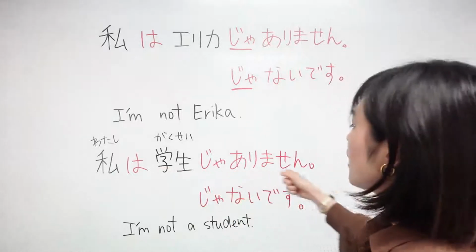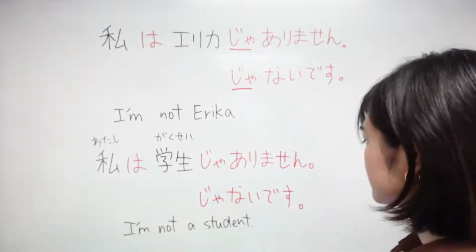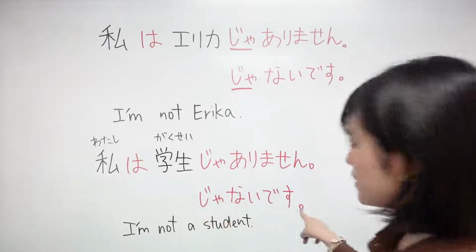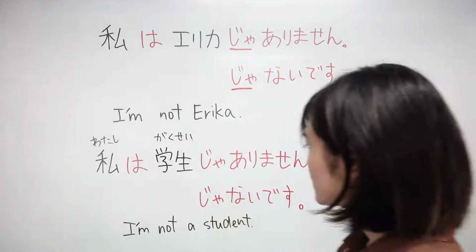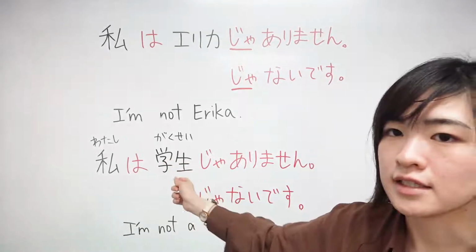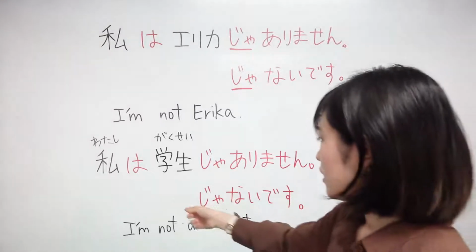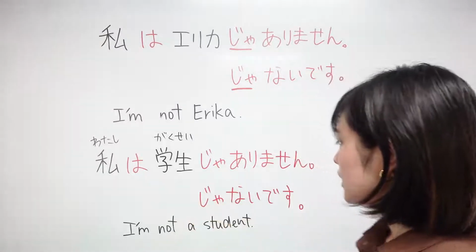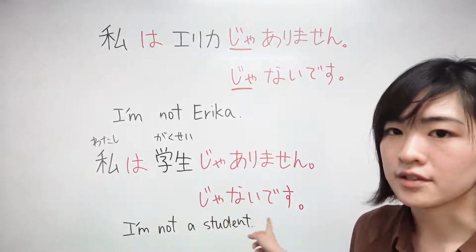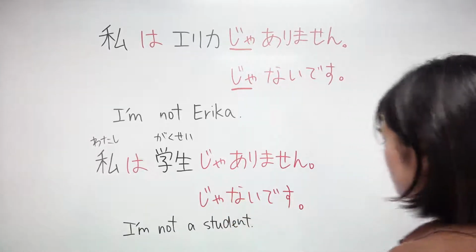Let's use the second way to say not. 私は学生じゃないです。I'm not a student.